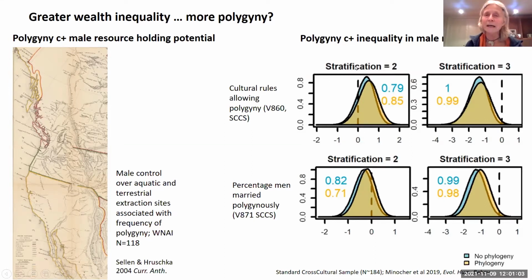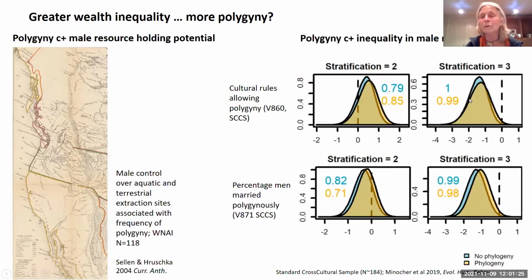And you can see that societies that are classified as mildly stratified have a little bit more polygyny than the egalitarian societies in terms of cultural rules, but in terms of actual polygyny, they have slightly lower percentages of men married polygynously.